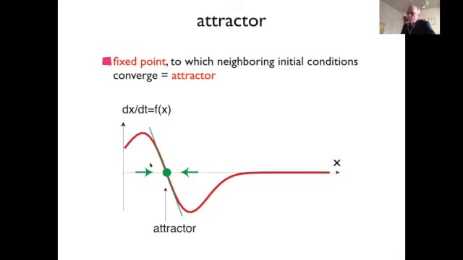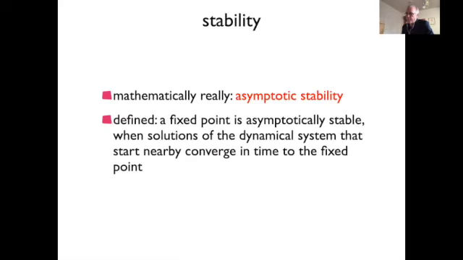So this is true in the vicinity of the solution: you're attracted. We'll see in a moment there are cases when you move far enough from the attractor, you might not actually return. It's just in the vicinity, in ultimately some infinitesimal environment of the fixed point, that you're attracted to. That notion of being attracted is what mathematicians actually call asymptotic stability, but everyone else calls it stability, and I also do that. I'll explain in a moment that there is a subtle difference between asymptotic and regular stability.